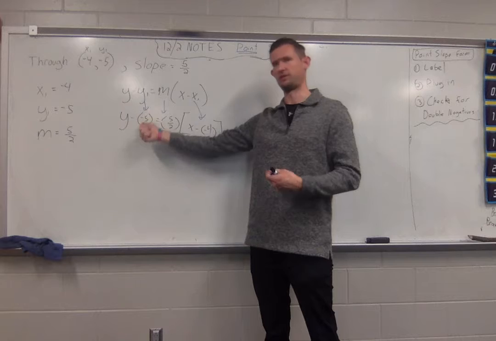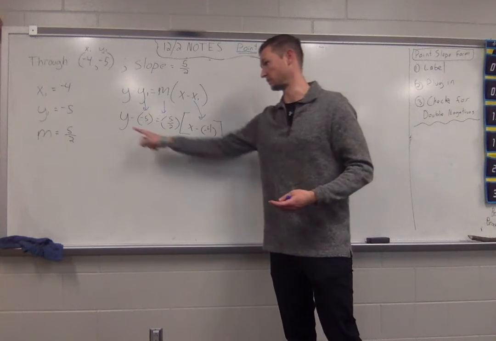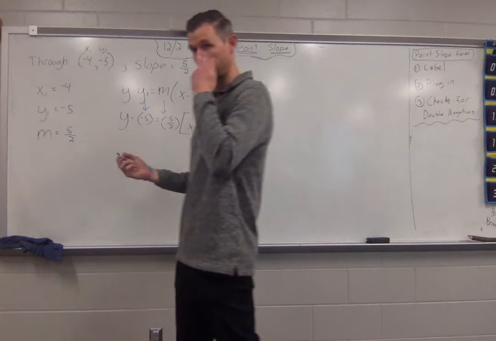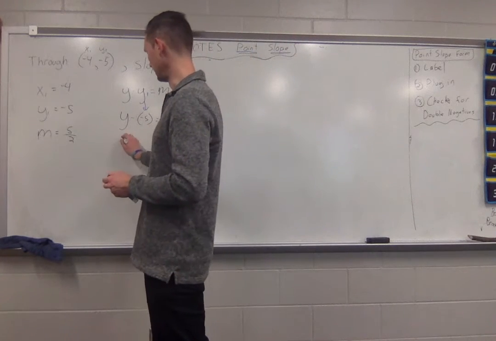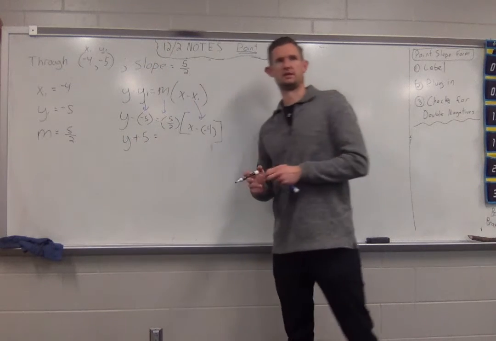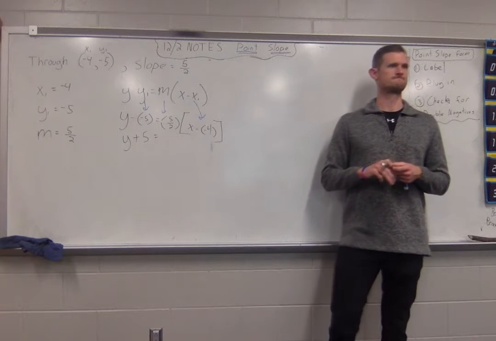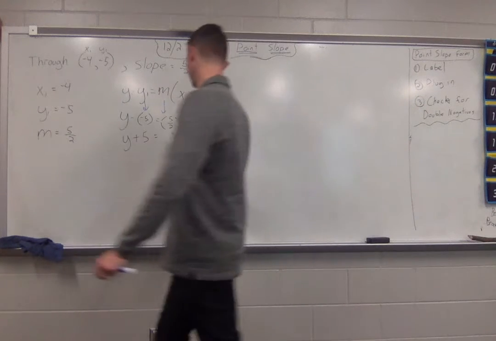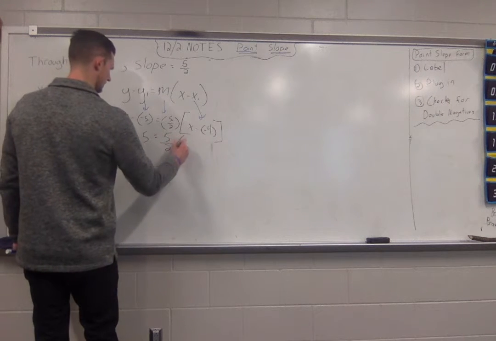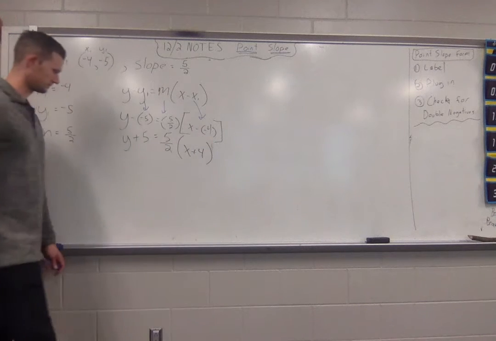Is there a negative in the parenthesis and to the left of the parenthesis, right? So what does that turn into? If it's y minus a -5, what does that turn into? y plus 5, okay? Is anything going to change, Randy, the slope, the 5 halves? No, it's going to be exactly the same. And then we have x plus 4 because it's a double negative there.